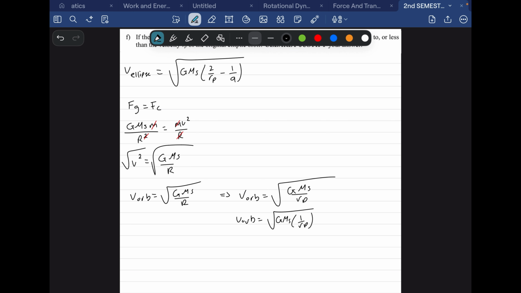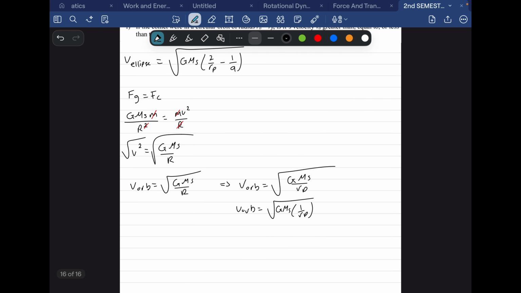In v ellipse, we have 2 over r_P minus 1 over the semi-major axis. And then in v orb, we have 1 over r_P, right? Because G mass of the sun is the same. So we have to determine which one is greater, and therefore it will produce a greater speed, right?